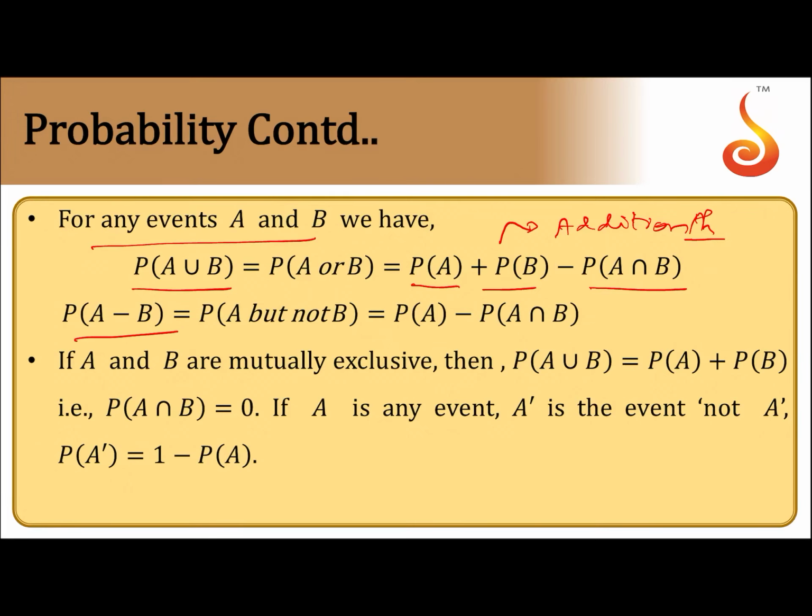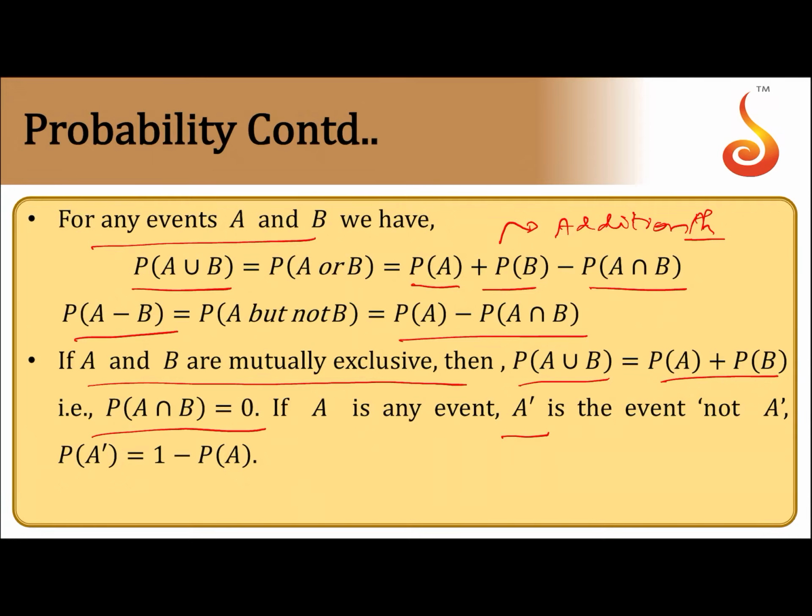And probability of A minus B is equal to probability of A minus probability of A intersection B. If A, B are mutually exclusive, their intersection probability is equal to 0, because A intersection B is equal to phi. Therefore probability of A union B is equal to P of A plus probability of B.